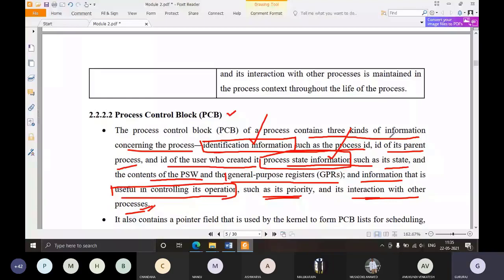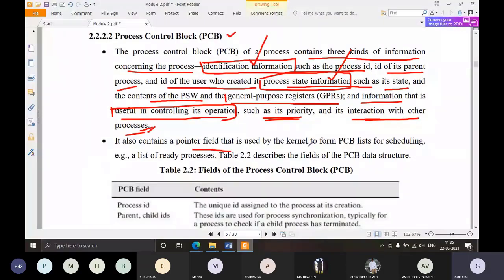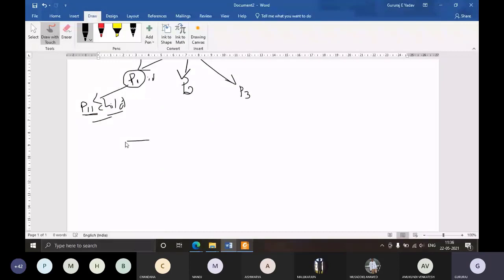Along with that, it also contains a pointer field that is used by the kernel to form PCB lists for scheduling, that is, a list of ready processes. So what is this pointer used for? I'll give an example. Let's say this is the PCB of the process P1.